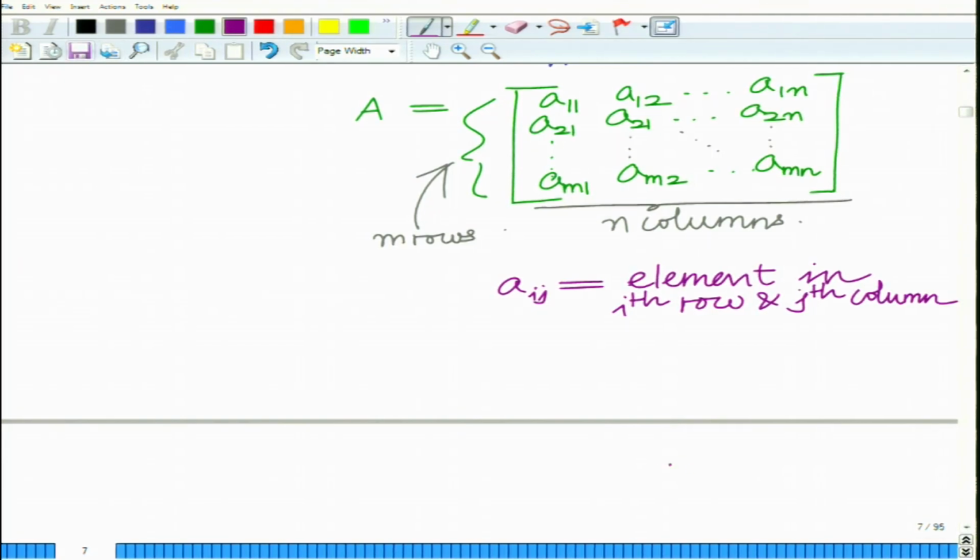This is the element in the ith row and the jth column. Okay. And when the number of rows is equal to the number of columns, that is m equal to n, then the matrix A becomes a square matrix.